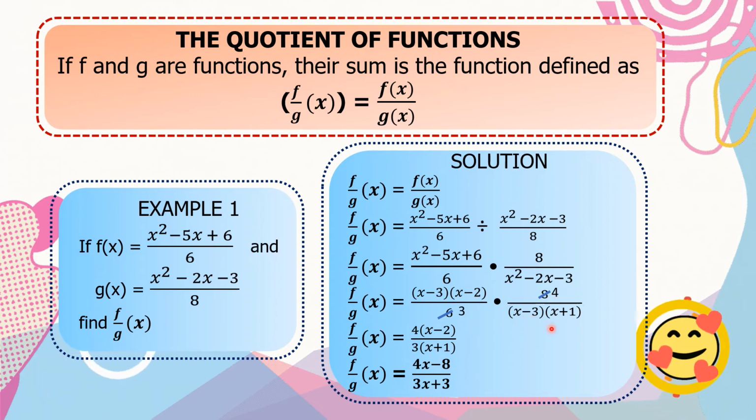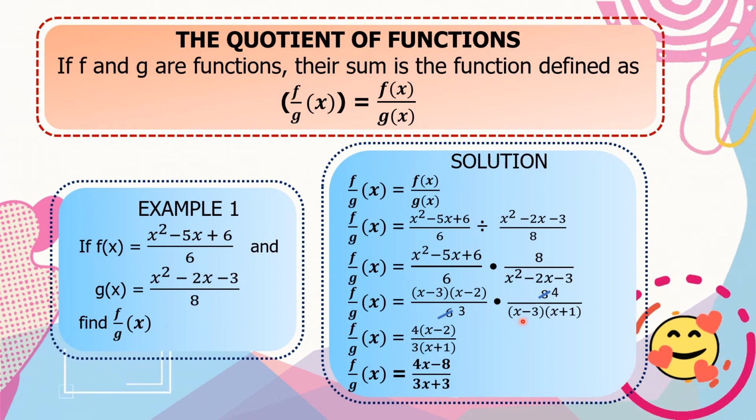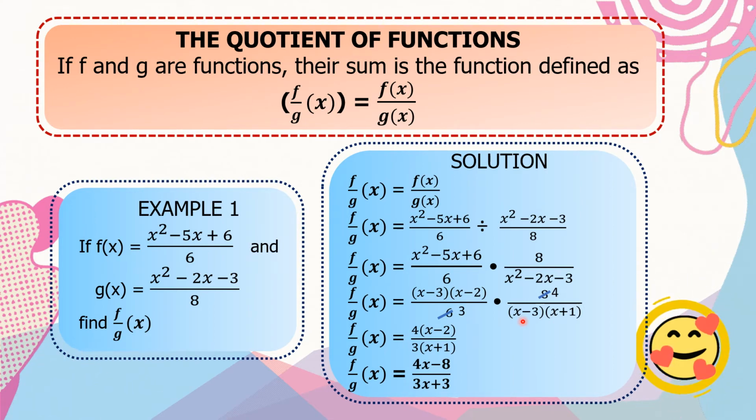Ngayon, i-check natin kung meron tayong common factor na pwedeng i-cancel. So, x minus 3 sa numerator, merong x minus 3 sa denominator. So, pwede na natin itong i-cancel out since kapag dinivide natin siya, ang sagot ay 1.